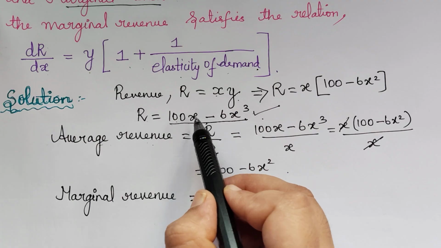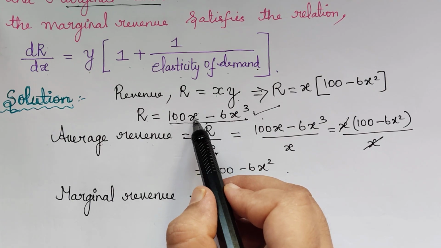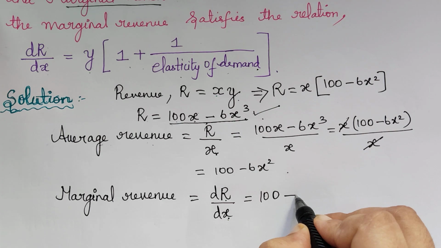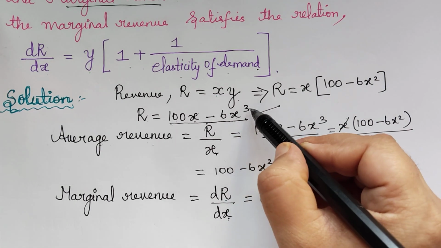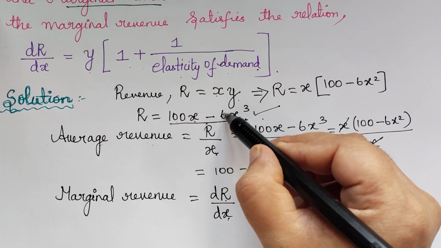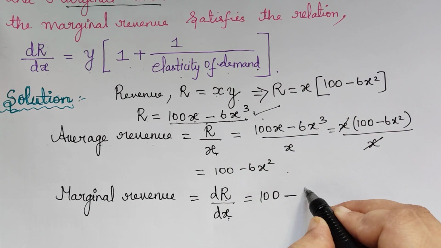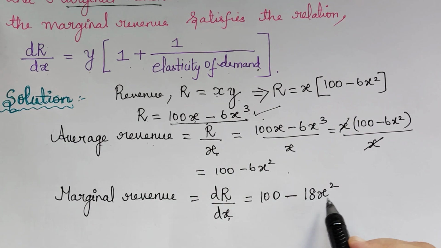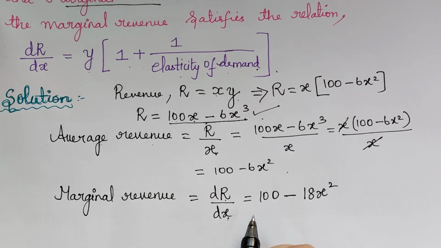So 100x, when x is differentiated, we get 1. So it will be 100 multiplied with 1 minus, now the differentiation of x cube we have to do, which is 3x square. So that 3 gets multiplied with 6 and it becomes 18x square. So minus 18x square. So this is the marginal revenue.